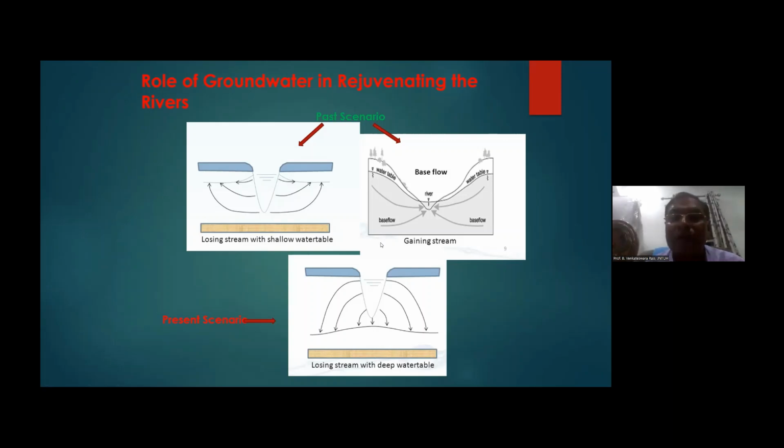Only the stream is contributing. There is no question of getting water from the ground. So that is why the streams are not getting water. We need to increase the groundwater level so that streams get stable water. That is our concept.